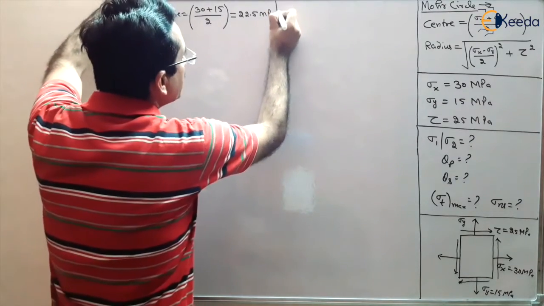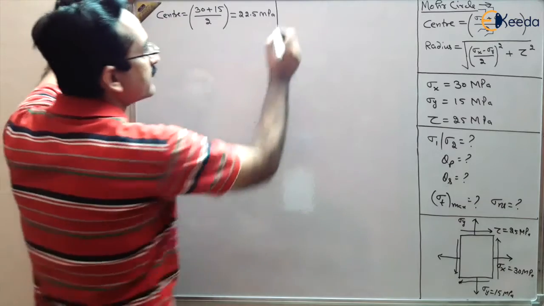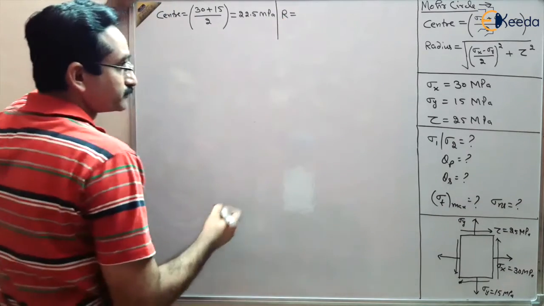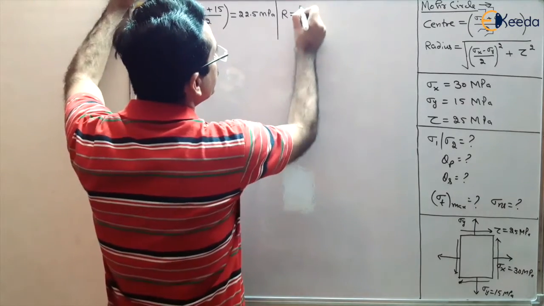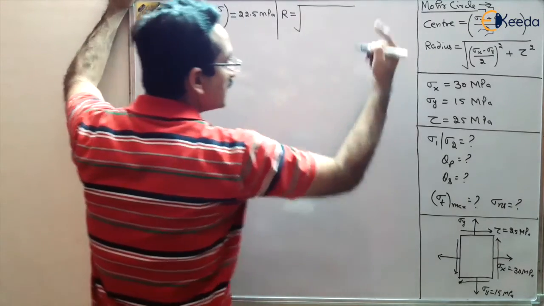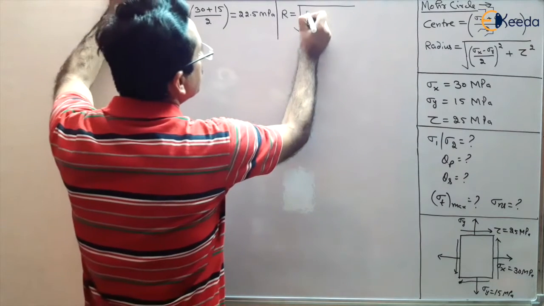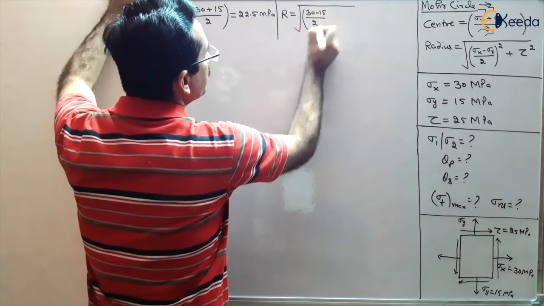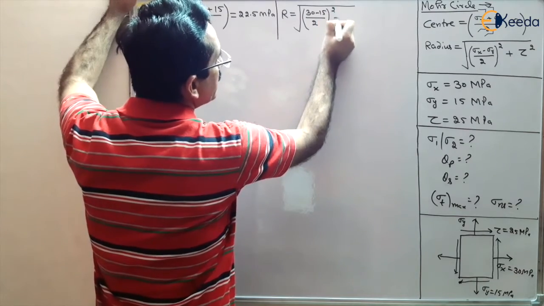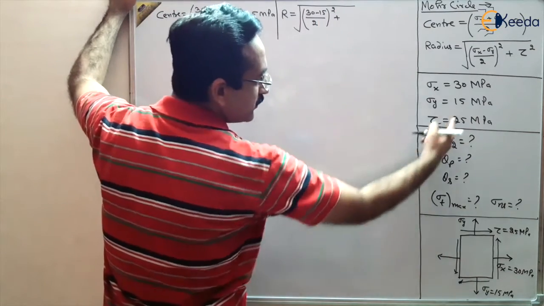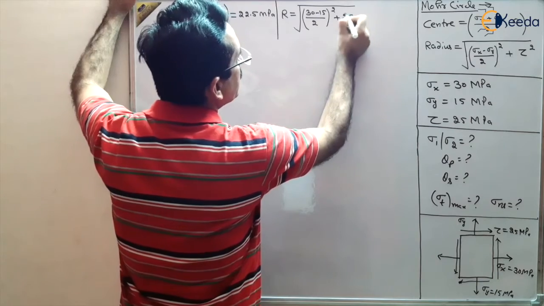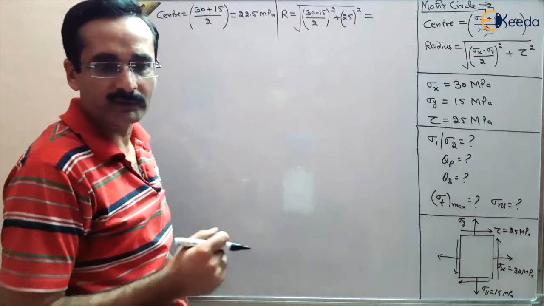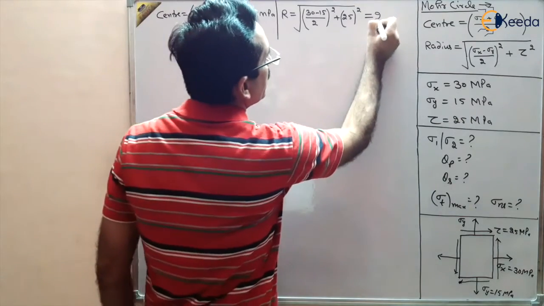Now what is the radius? Radius will be equal to the root of sigma x minus sigma y by 2, whole square, so 30 minus 15 by 2, whole square, plus tau square, that is tau is 25 square, and you will get the radius of the circle as 26.1 megapascal.